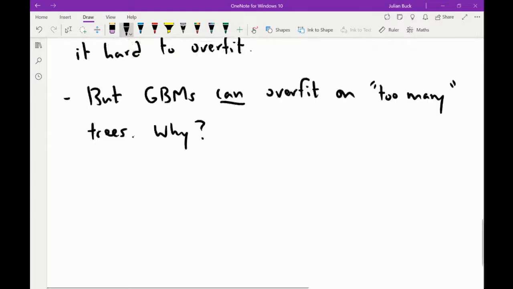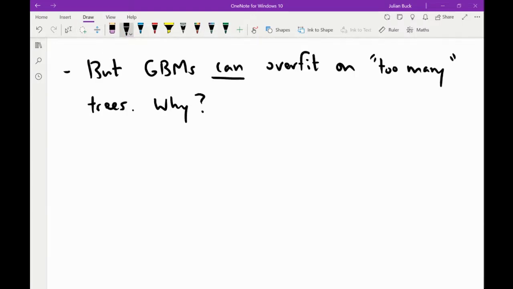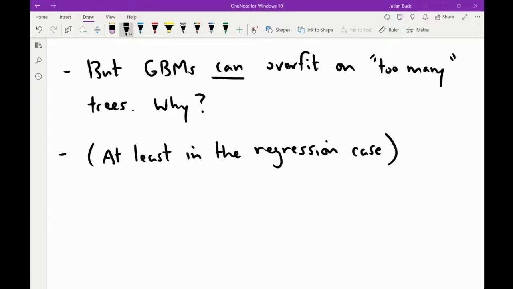Okay, so think about the regression case that we talked about a couple of weeks ago. We went through essentially what boosting regression trees is like. Now something similar holds in the classification case, but it's a little harder to describe. So what happens in the regression case, well, think about how we boosted regression trees, right?